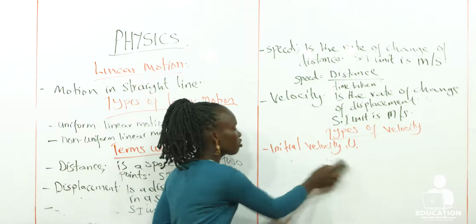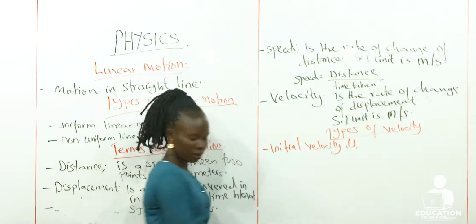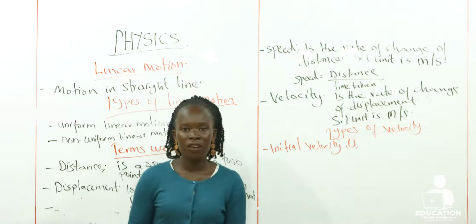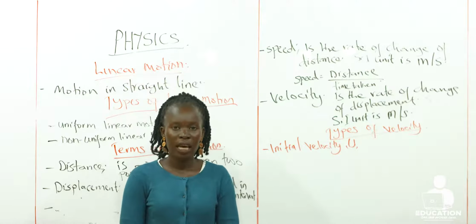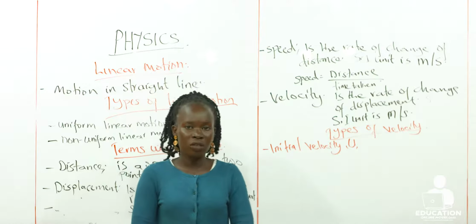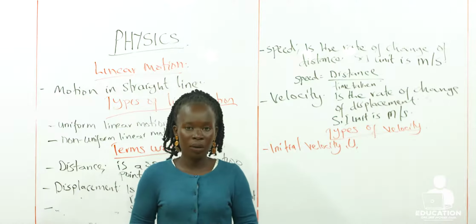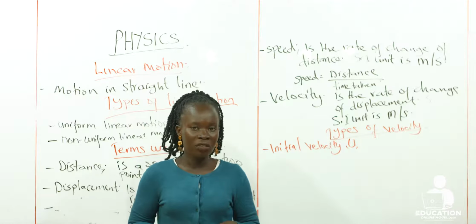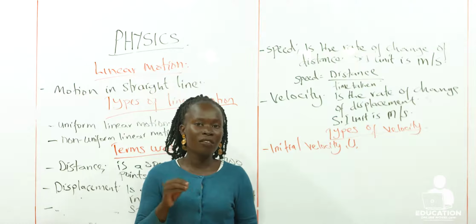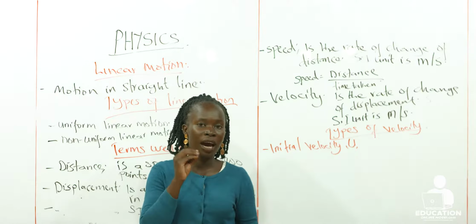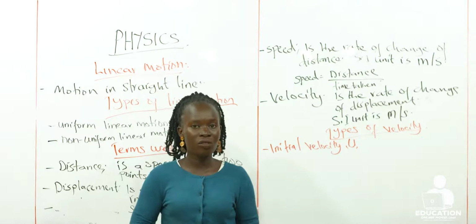The initial velocity we are talking about here is the velocity that the body starts with from rest. If the body was at rest and you want to start moving the body, what is that velocity the body was first acquiring?